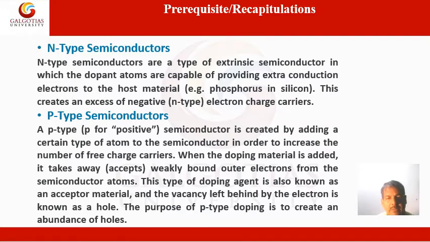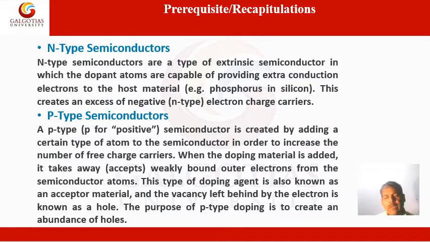In p-type semiconductors, here p stands for positive, the semiconductor is created by adding a certain type of atom to the semiconductor in order to increase the number of free charge carriers.